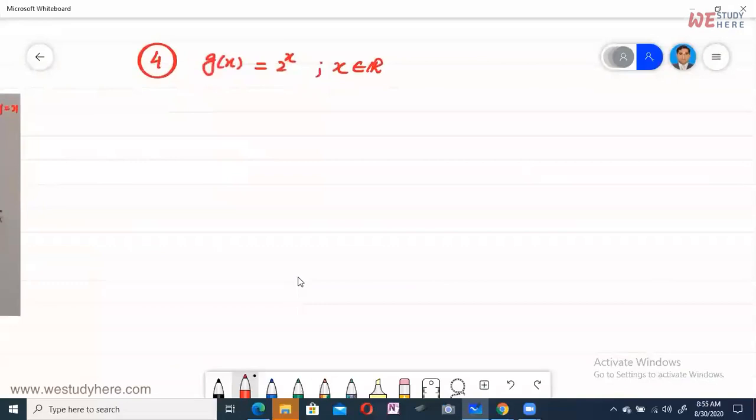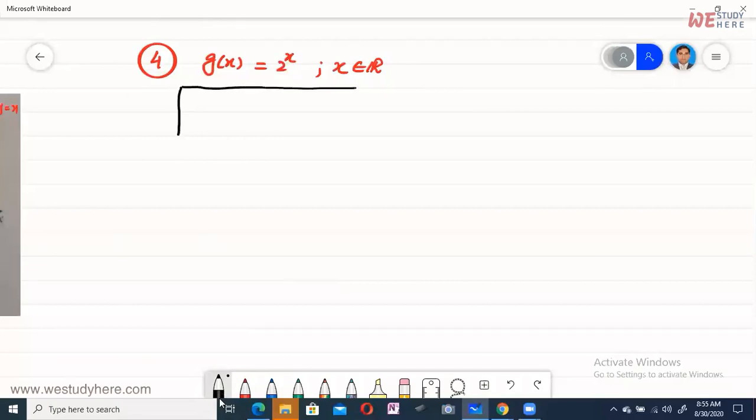Now we are starting question number 4. g of x equal to 2 raised to the power x, where x belongs to real numbers. First of all, we are sketching y equal to g of x and y equal to g inverse of x. As all real numbers are in its domain, we can take negative values, positive values, and 0.